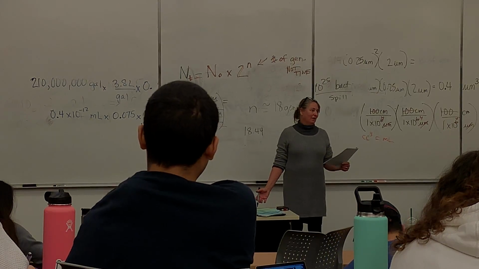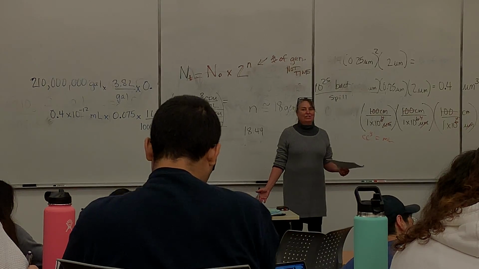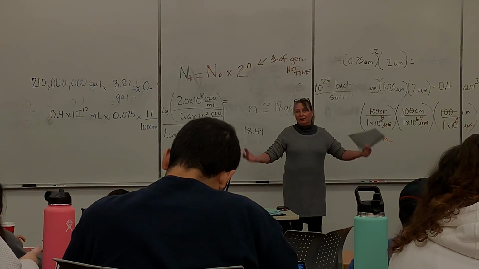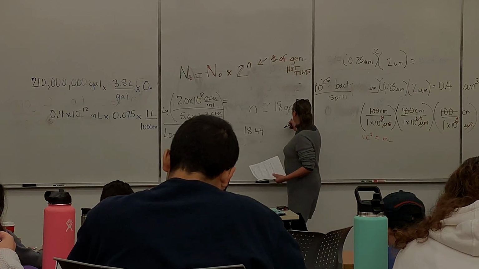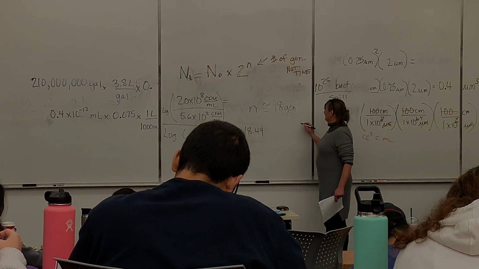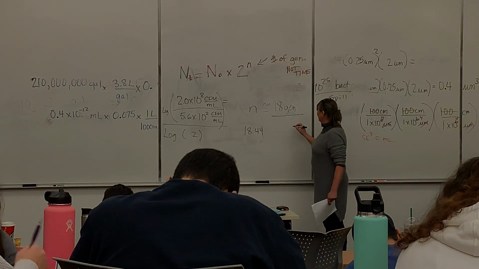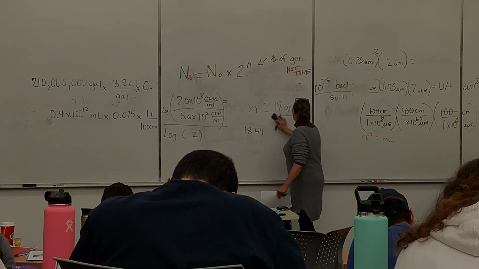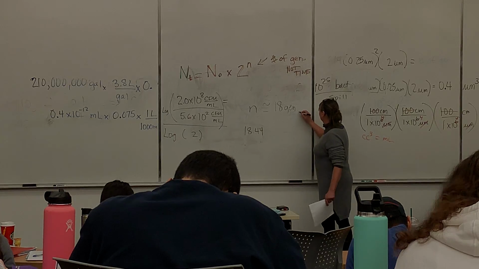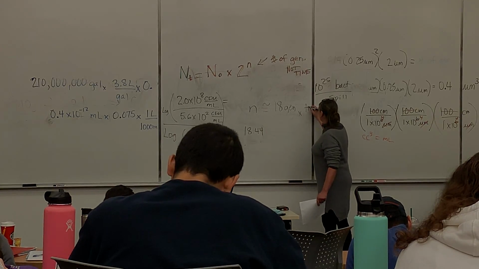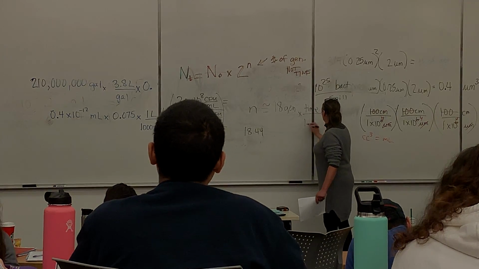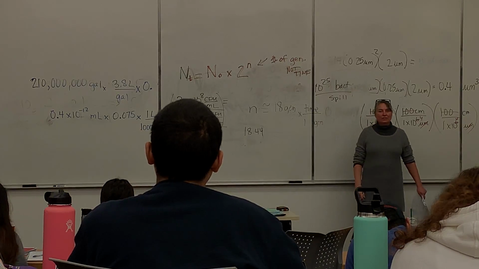And so they said, well, 18 generations is going to take 36 days. Whatever value you have, you would take these generations and multiply by the time for 1 generation, and that will give you the time.